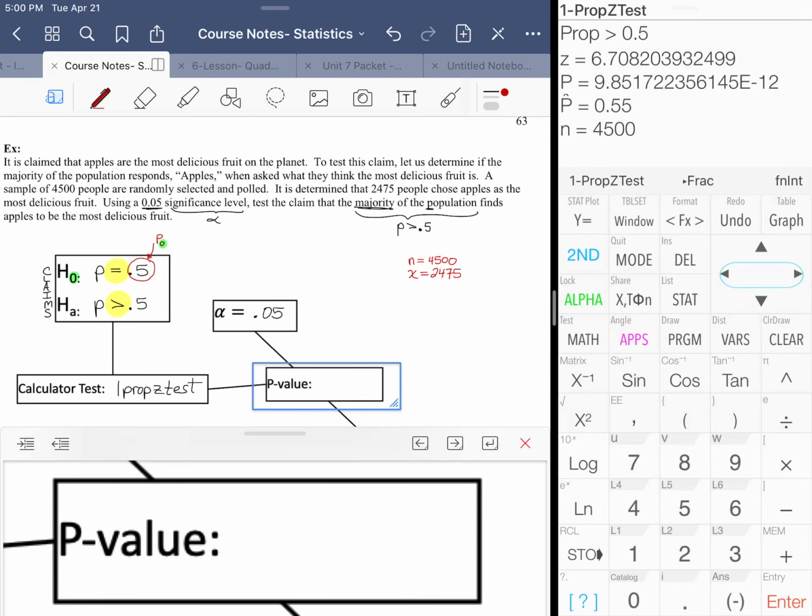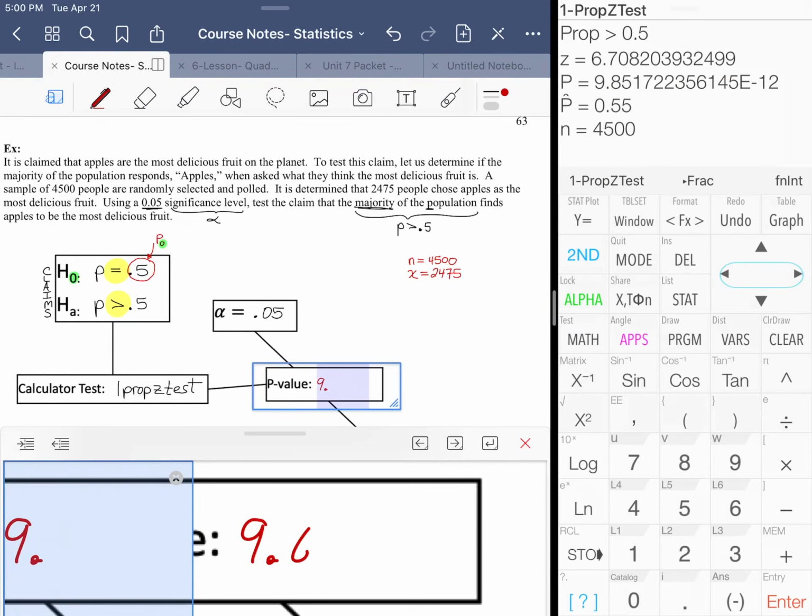In simplistic terms, you're saying, my chances of accidentally rejecting the null hypothesis is what? What is the probability of accidentally rejecting the null hypothesis when I shouldn't? Well, here it's saying it's 9.852 times 10 to the negative 12th power. That's what that E negative 12 means.